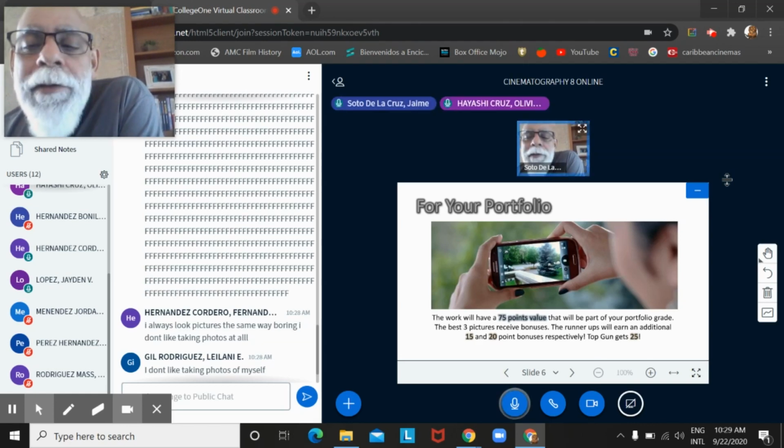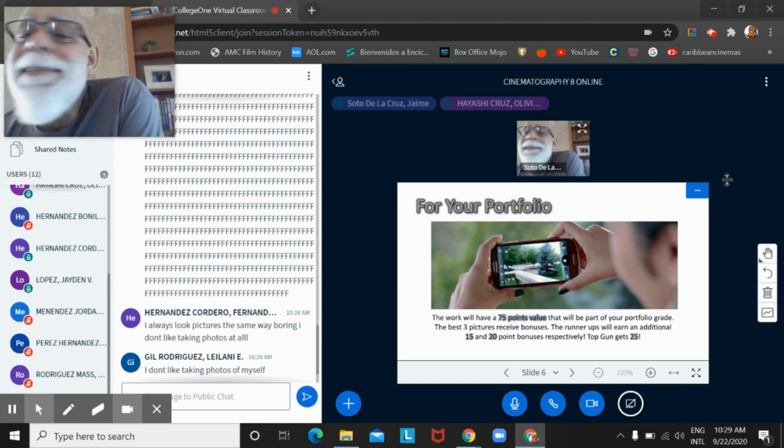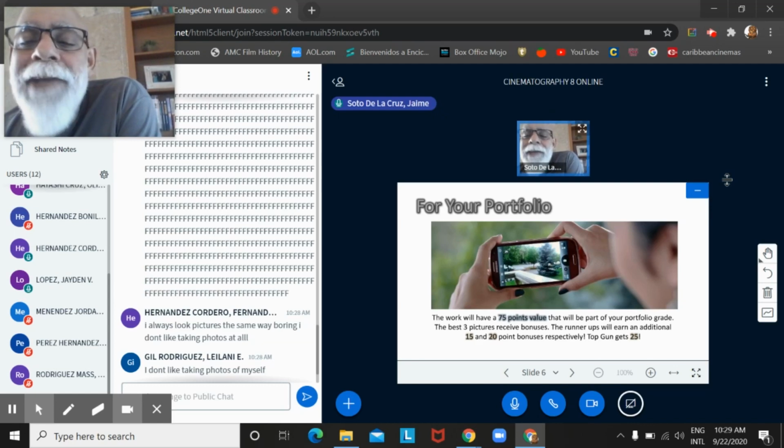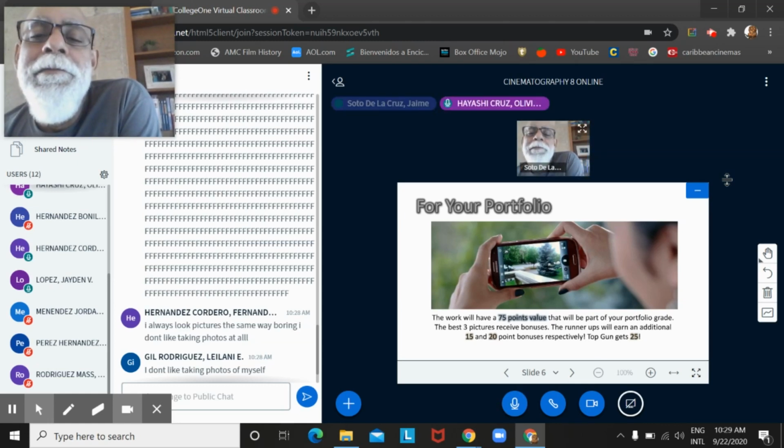The top one will get a 25-point bonus. The second best one, the first runner up, gets a 20-point bonus. And the third one, the second runner up, will get a 15-point bonus. So, how's that for an incentive? That's a big chunk of points right there, right?